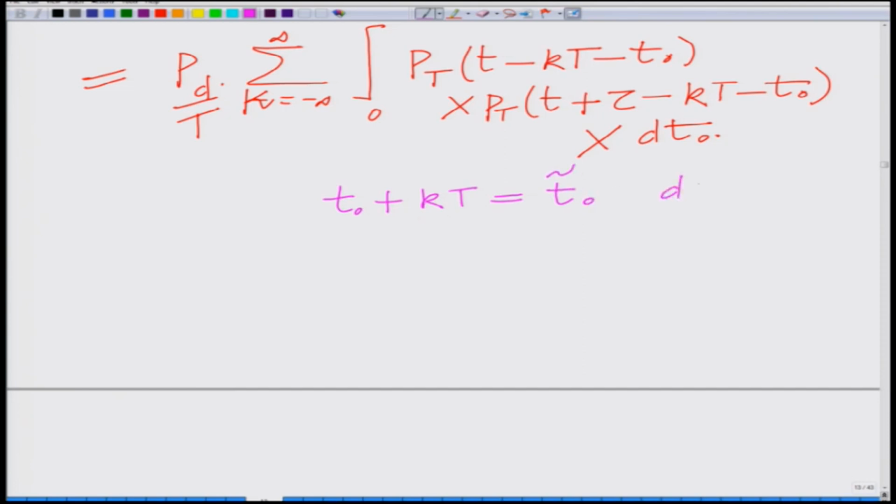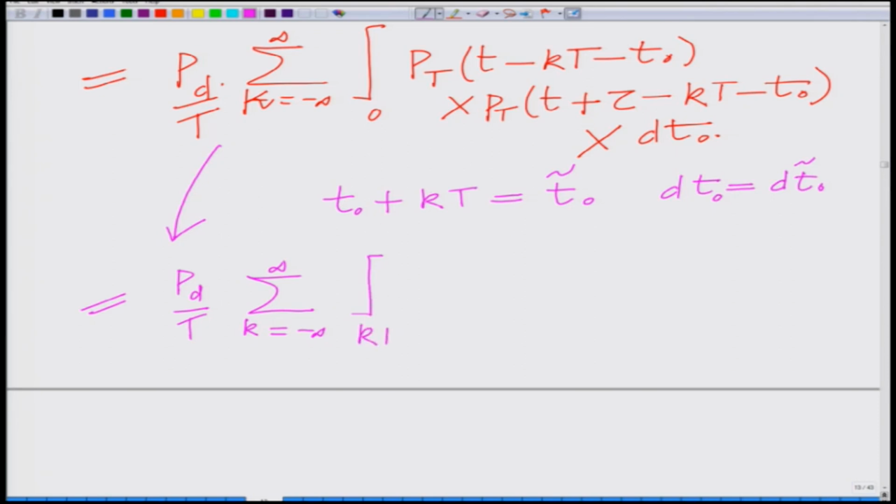So, we have dt naught equals dt naught tilde, and this becomes Pd over T times summation k equal to minus infinity to infinity, integral, where the limits become, well, T naught plus kt equal to T naught tilde.